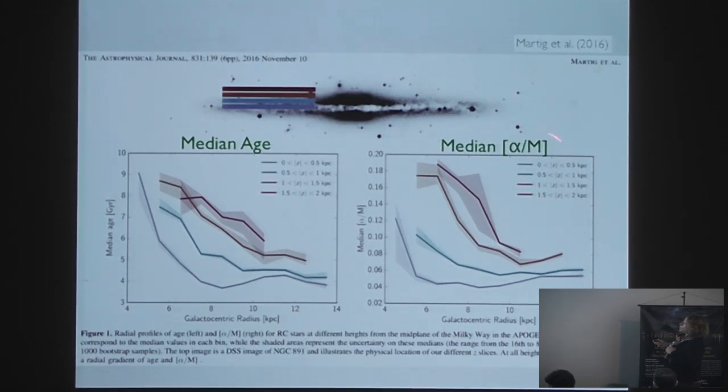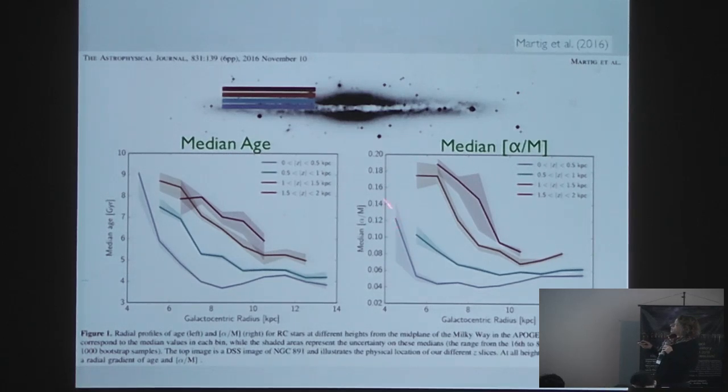In this plot, we are plotting median alpha over iron, or in this case over all the metals, for the way she measured it. So this is star formation rate. This is telling us how fast the stars in each position formed.